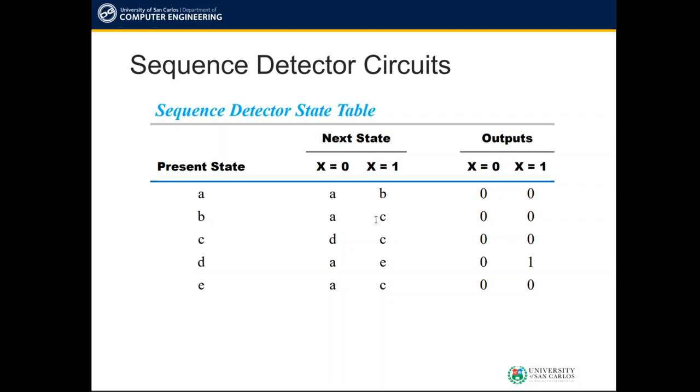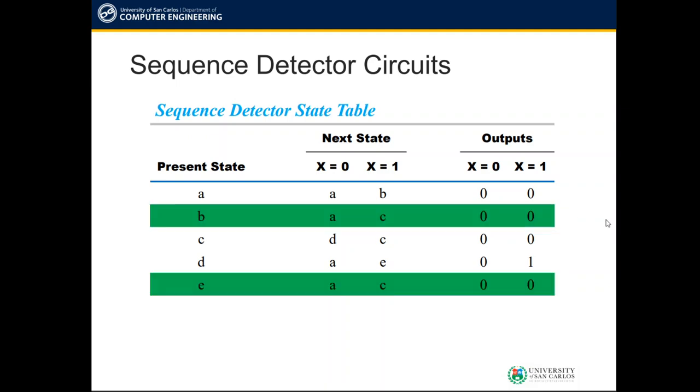In this case, we can further reduce these two rows. Since A and C, and then 0 and 0, 0 and 0, state B and state E are the same and can be reduced.